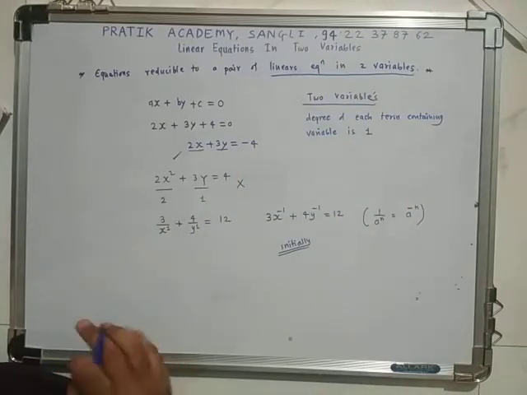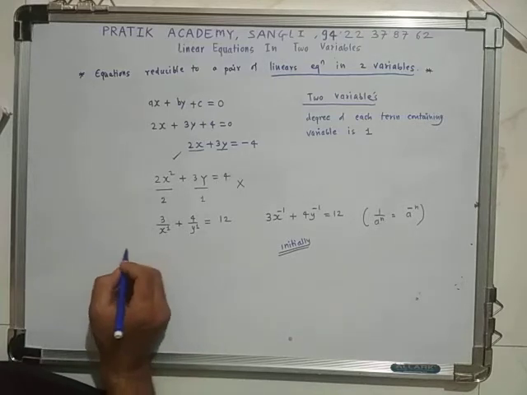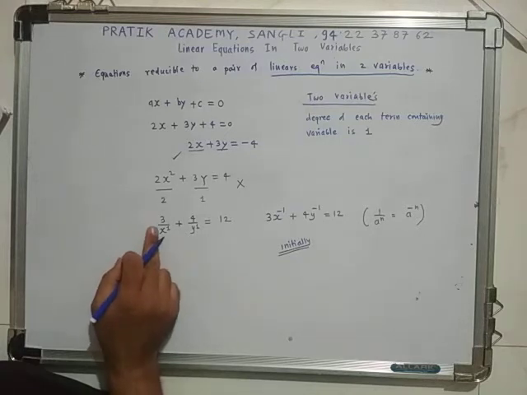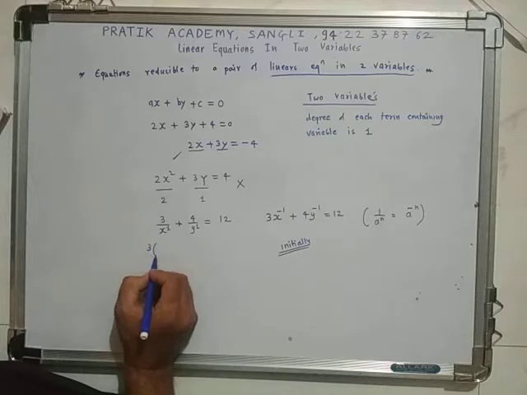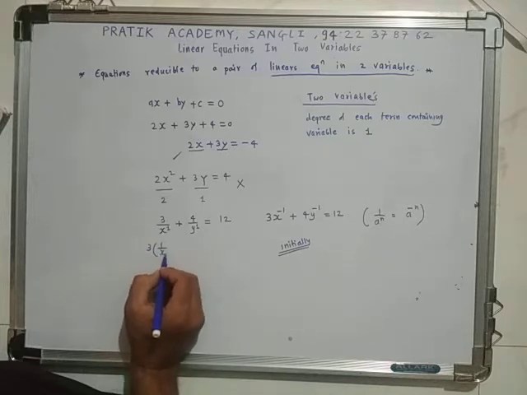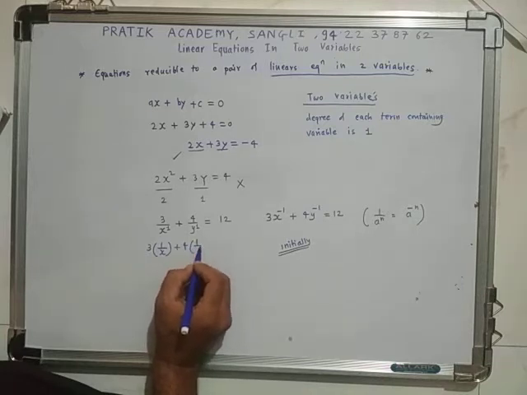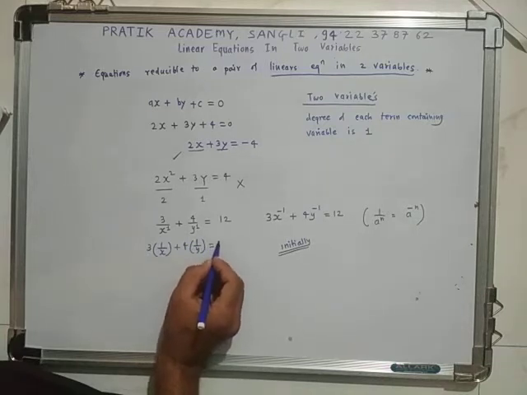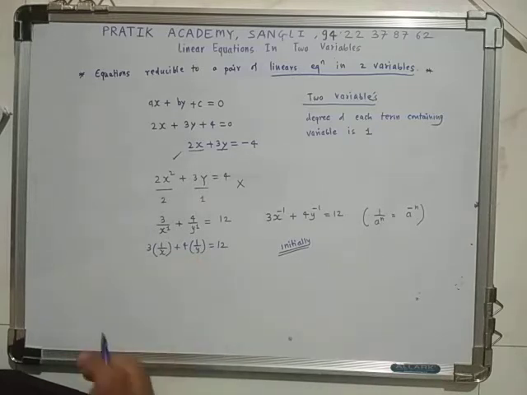Now let's see what I am doing. Instead of x and y, I am writing this equation as 3 into 1 upon x plus 4 into 1 upon y is equal to 12. So there is no change in the equation.